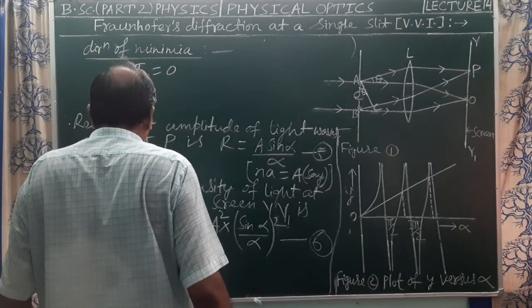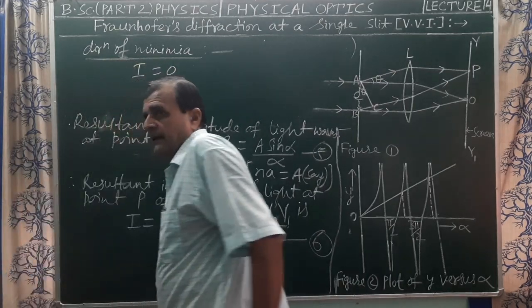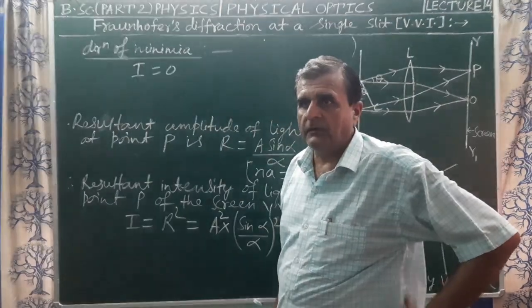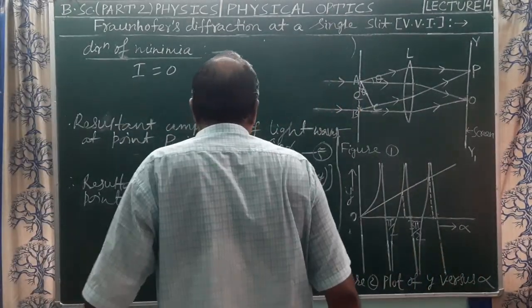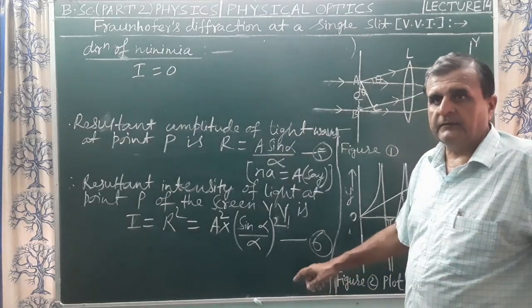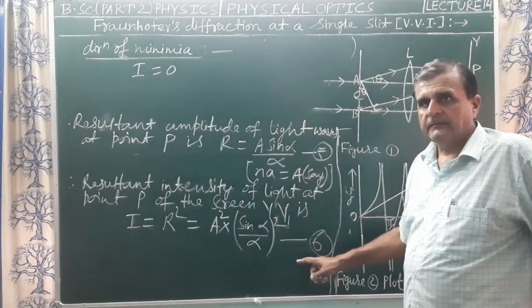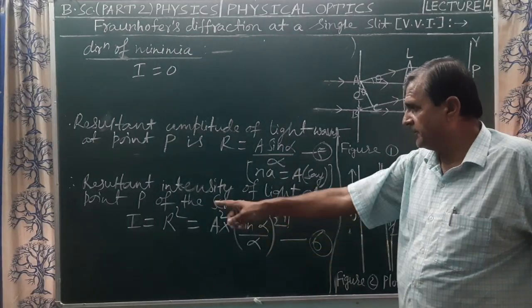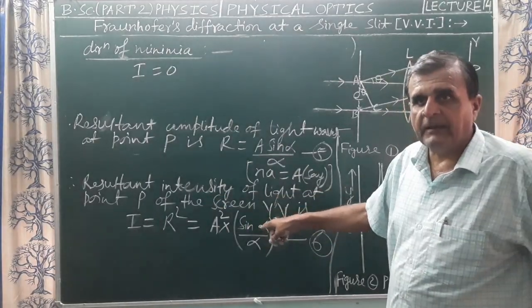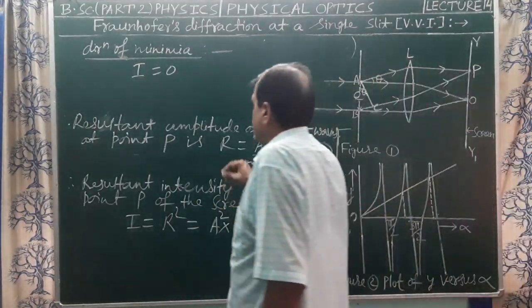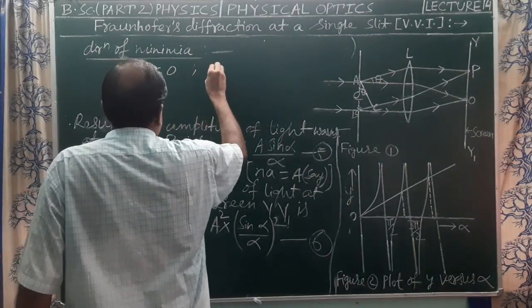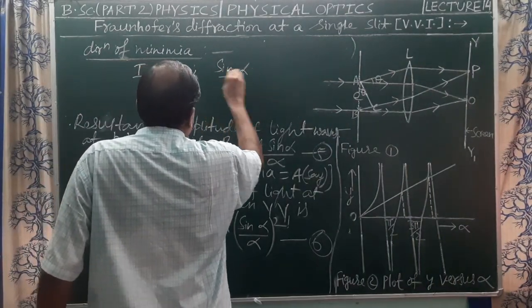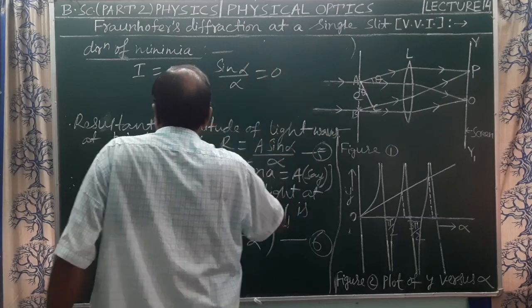position of point will be minima if intensity of light will be 0, and intensity of light will be 0, then from this equation, that is equation number 6, intensity of light will be 0 if sin alpha by alpha will be equal to 0. So I is equal to 0 when sin alpha upon alpha is equal to 0.